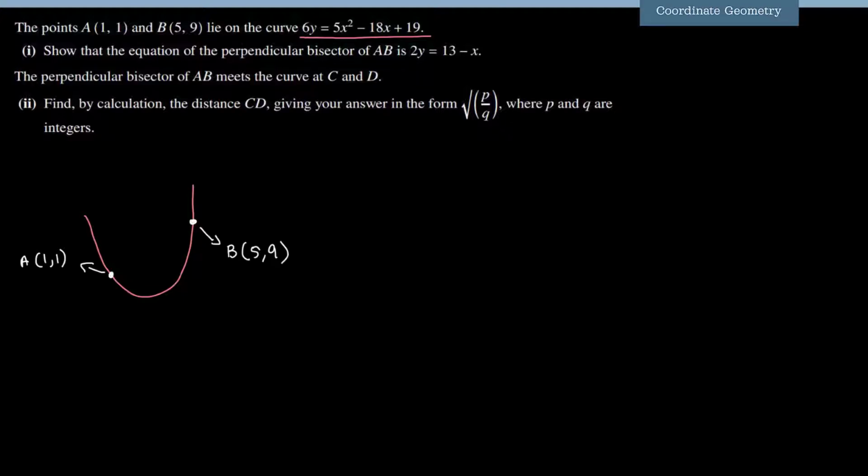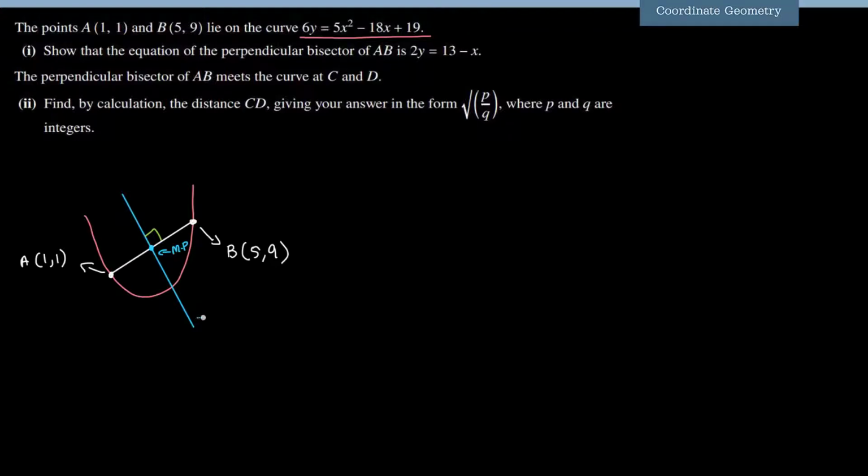And the line joining A and B would look like this. Now this is the line AB and the perpendicular bisector of AB would pass through the midpoint of this line. This is the midpoint and the perpendicular bisector would look like this. And these two lines intersect at a 90-degree angle.